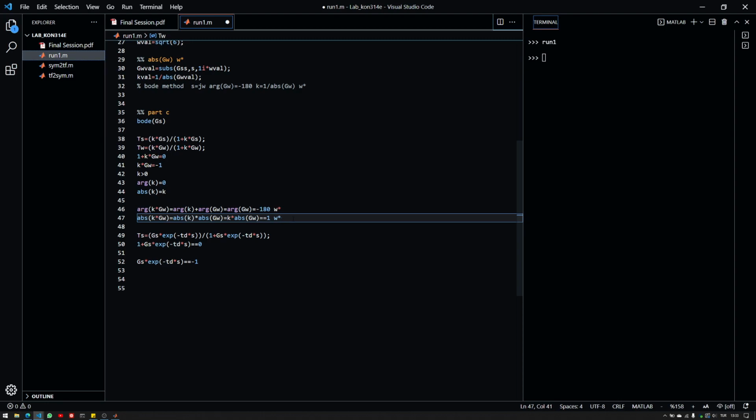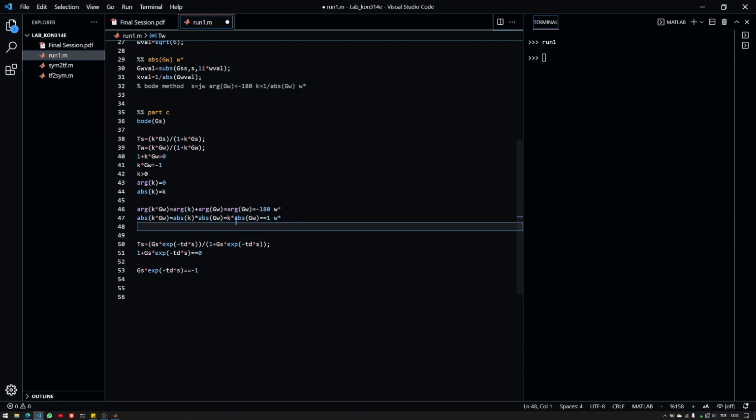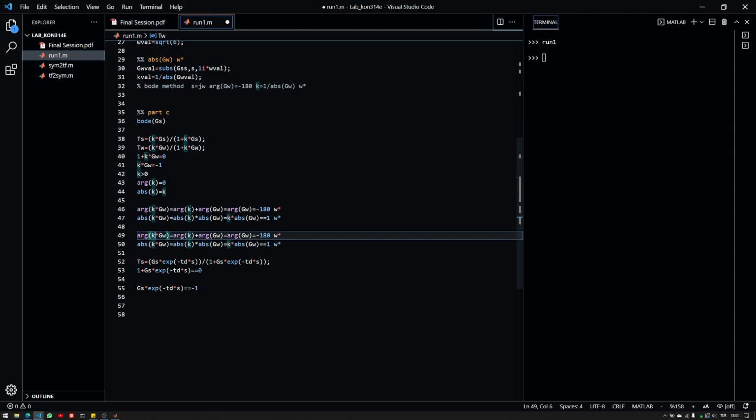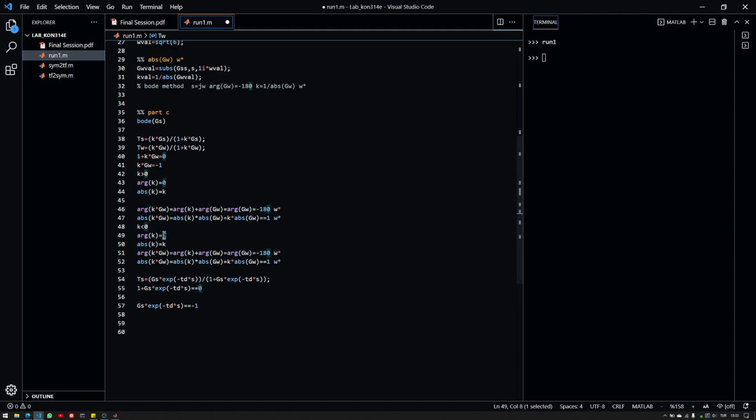Now, it was also possible to look for the following, where k was negative, because that's the second case that could appear. So in that case, we know that these here would be a bit different. Now, this would be 180 degrees or minus 180 degrees because of a negative value, since minus 1 is converted into 180 degrees or negative 180 degrees. This is basically the same. And we also know that the absolute value of k, since k is negative, should be minus k.